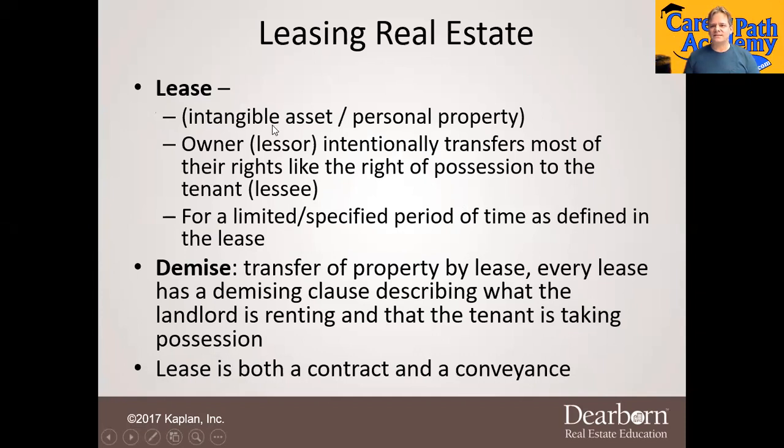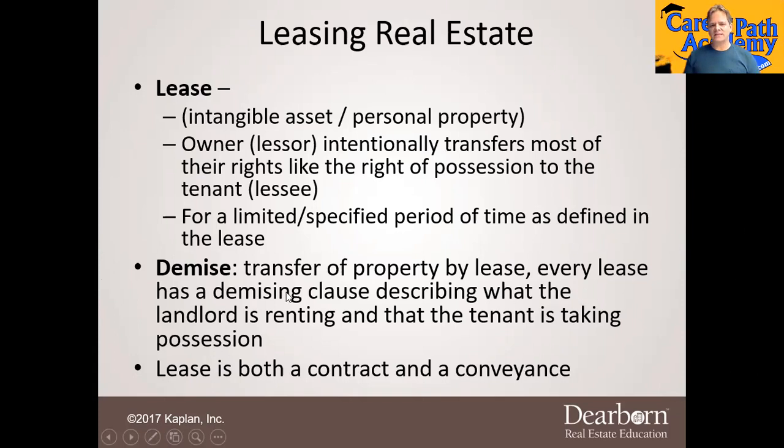What is a lease? A lease is an intangible asset. It's considered personal property. The owner is the lessor, because they're the one that gives the lease, who intentionally transfers most of their rights, like the right of possession, to the tenant, who is the lessee, for a limited time as specified or defined in the lease.